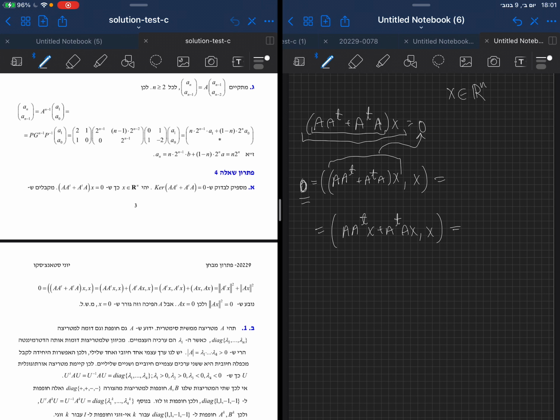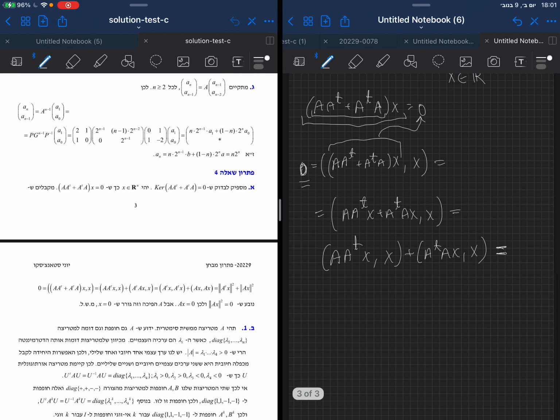Now I can look at this as an inner product, and I can divide this to look like this: A transpose x with x plus A transpose A x with x, right? It's the inner product properties. So what can we do now?